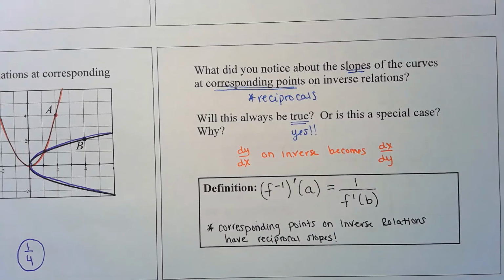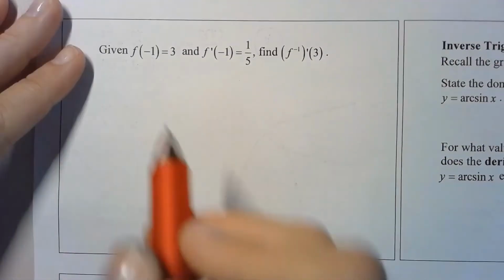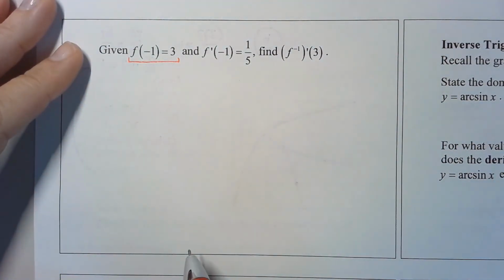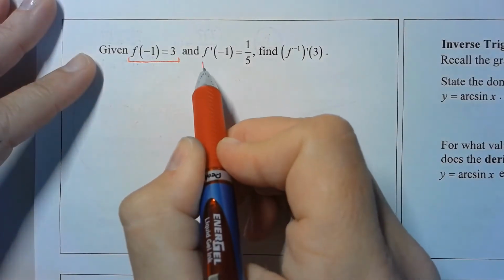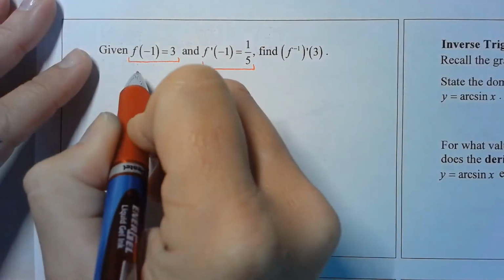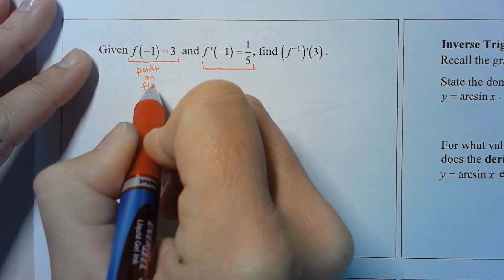Whew! All right, so let's take a look at how they could ask a question like this. I say they, I'm talking about the College Board folks, right? Okay, it says given f of -1 equals 3. Well, that's just a point, isn't it? And f prime of -1 equals 1/5. So here's a point on f.